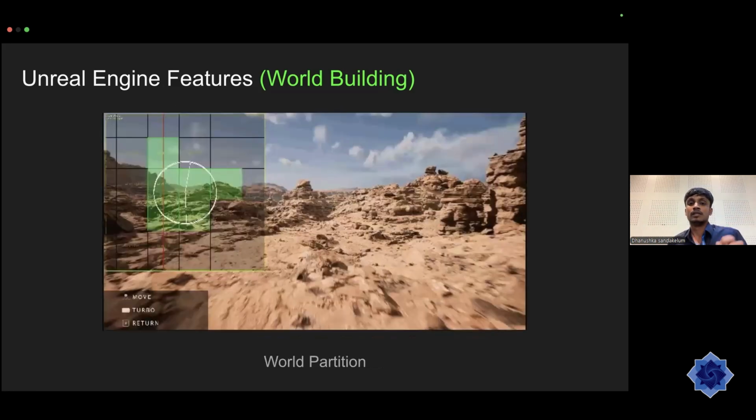And there is another concept called world partition, right? Let's say you may have seen games which have extremely big levels. For example, let's take GTA 5. It has an extremely massive level, an extremely massive map.